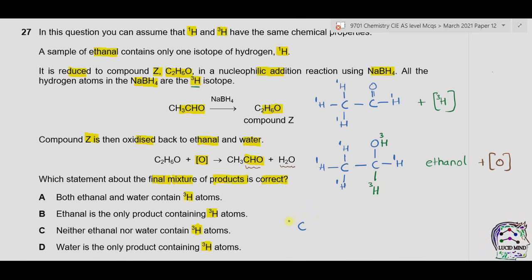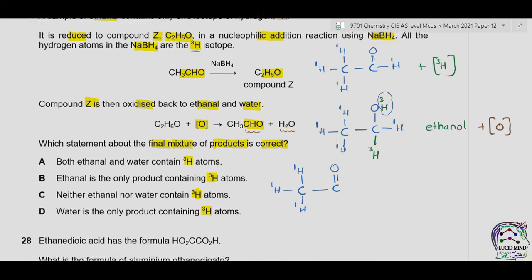We have CH3. Then with this carbon we only have oxygen as it has converted into an aldehyde. So this hydrogen atom is lost to form water.